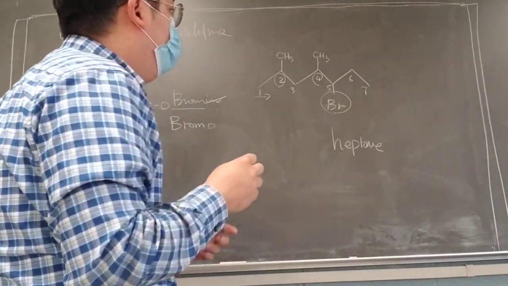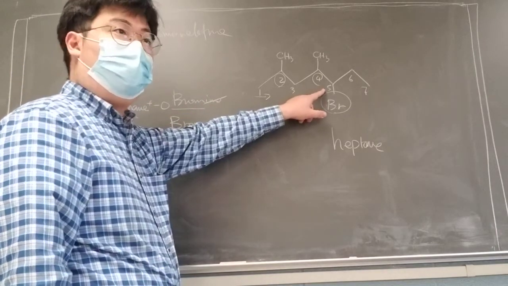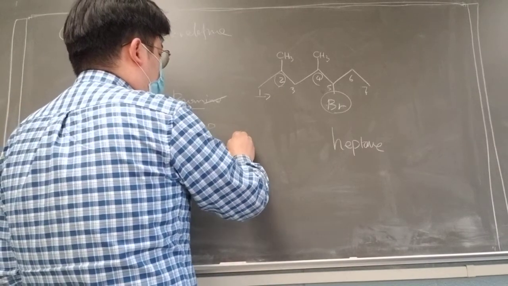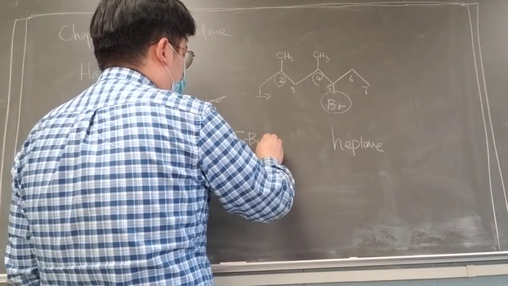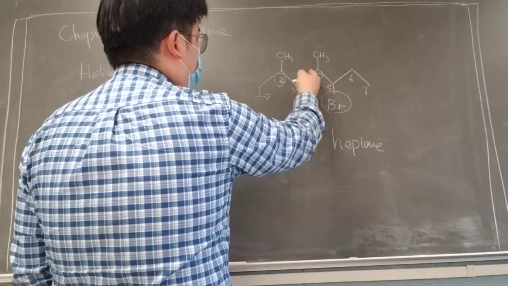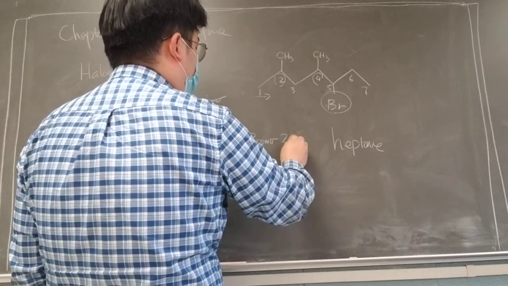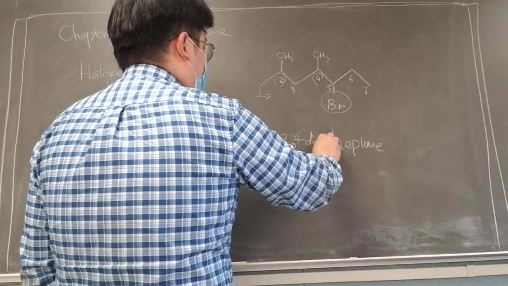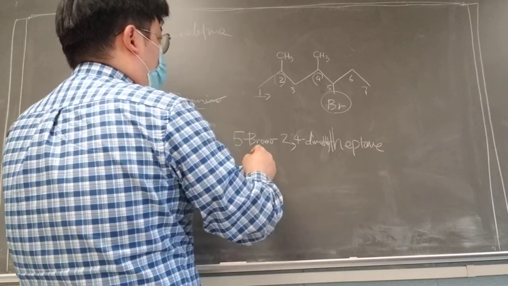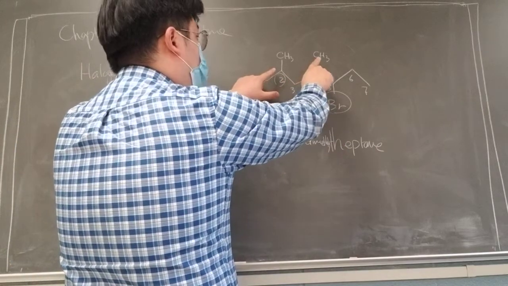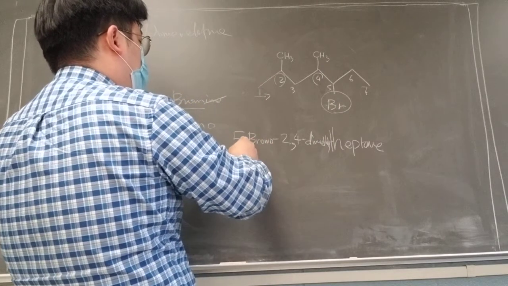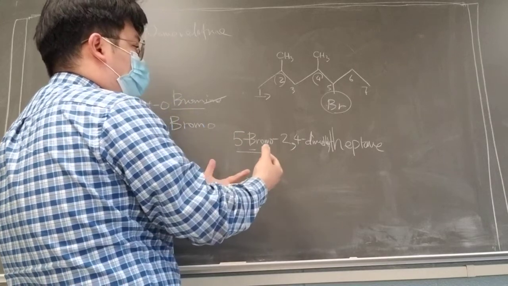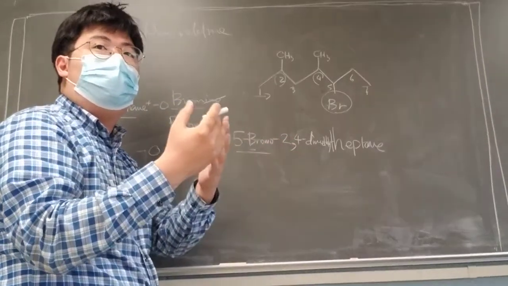group here. So even though bromo is at locant number 5, I'm going to put the bromo first. I'm going to write 5-bromo, and then there are 2 methyl groups, so it'll be 2,4-dimethyl. Even though we look for the lowest numbers for the substituting groups, when you order the substituting groups, we always follow alphabetical order.